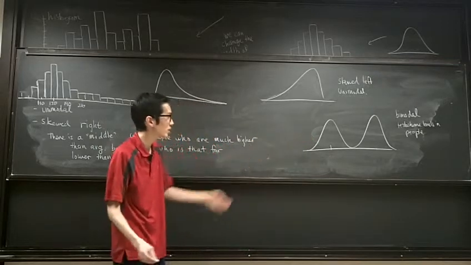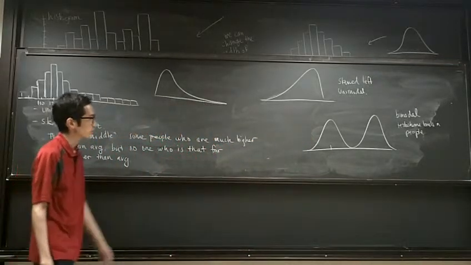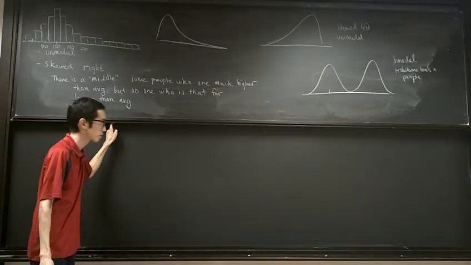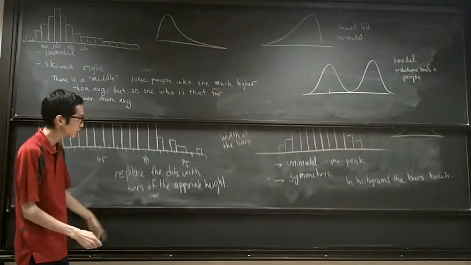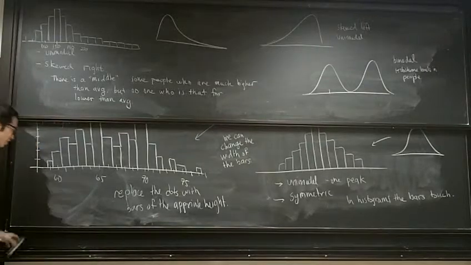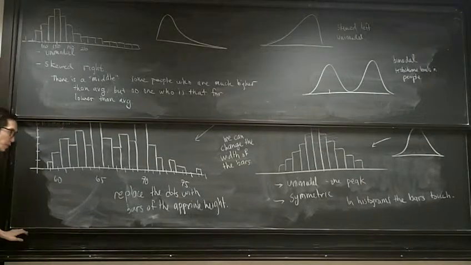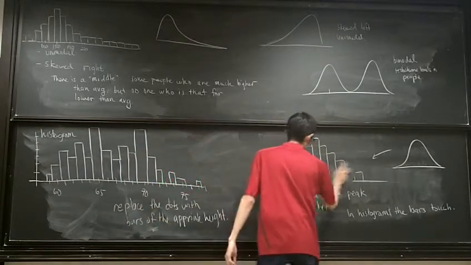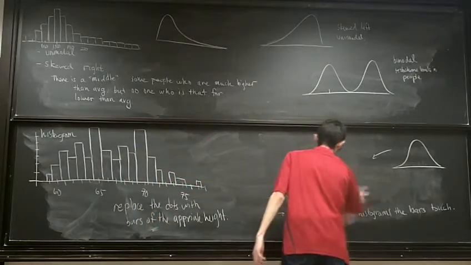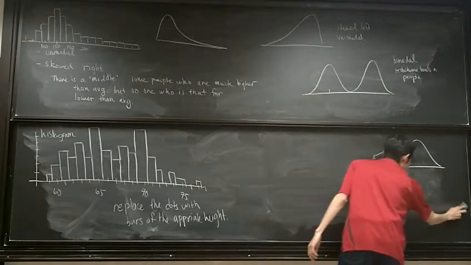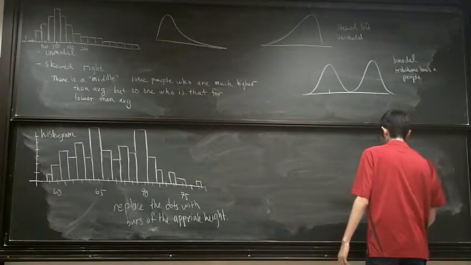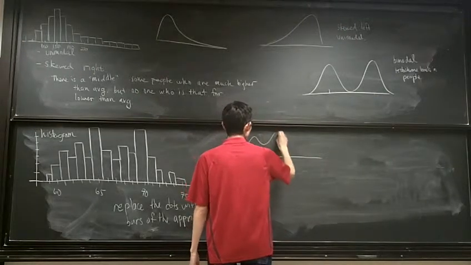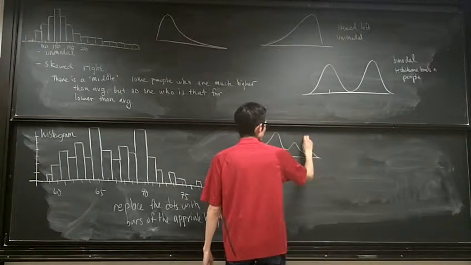This would be bimodal, okay? Okay, if you have more than 2 peaks, I guess you could say trimodal, but generally we just say multimodal. Anything with more than 2 peaks, this would be multimodal.